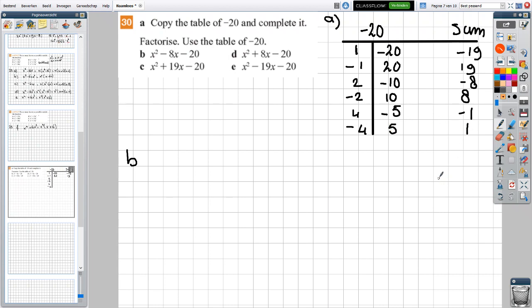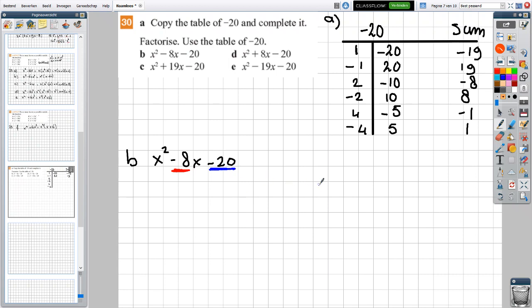Why do I make this table? Well, remember this method is called the product sum method. And for example, if I have x squared minus 8x minus 20, let's use some colors here. You have -8 and you have -20.